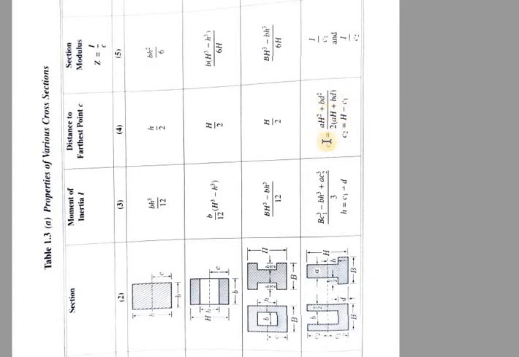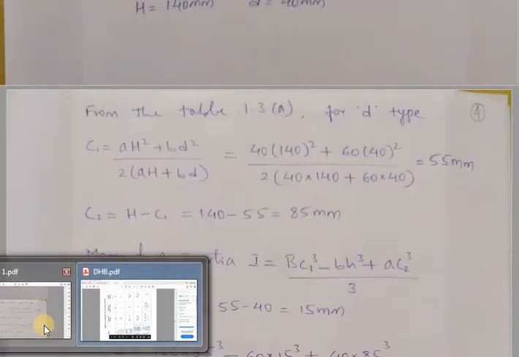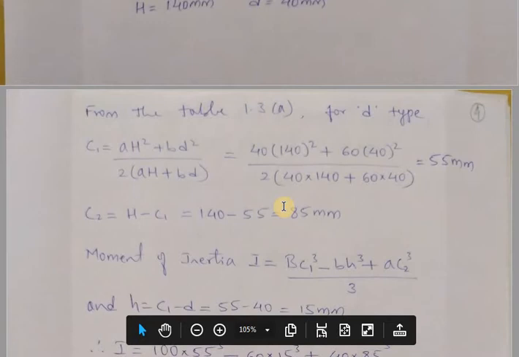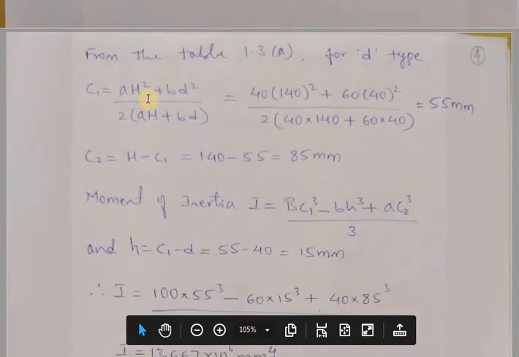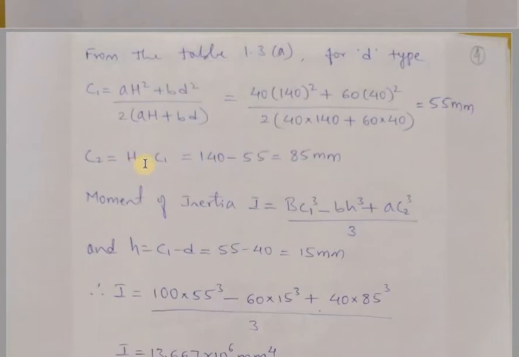This is the formula given in the data handbook. Substituting the parameters, you will get C1 as 55 mm, and C2 is equal to H minus C1. The value of H is 140, so you will get C2 as 85 mm.